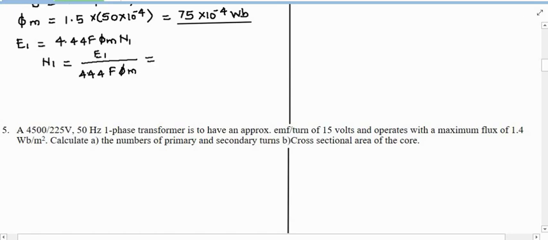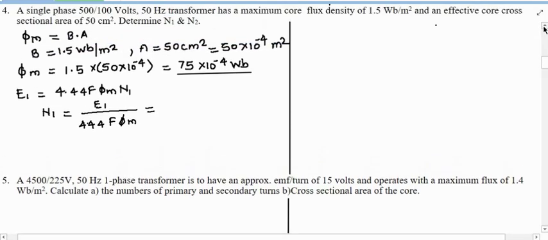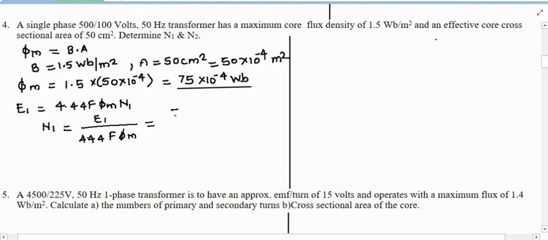What is E1? The rating of the transformer is given to you, 500. So N1 will be 500 divided by 4.44 into 50 into 75 into 10 raised to minus 4. So you will get N1 approximately equals to 300.